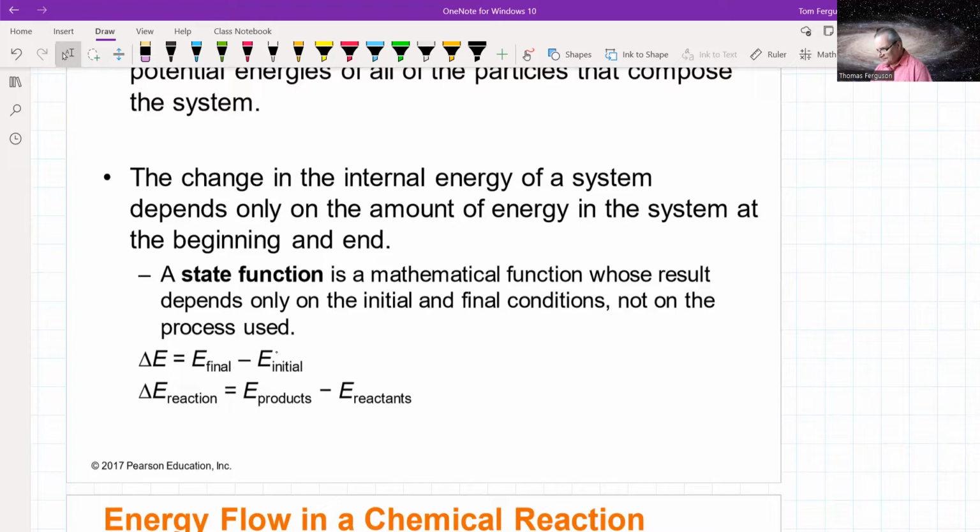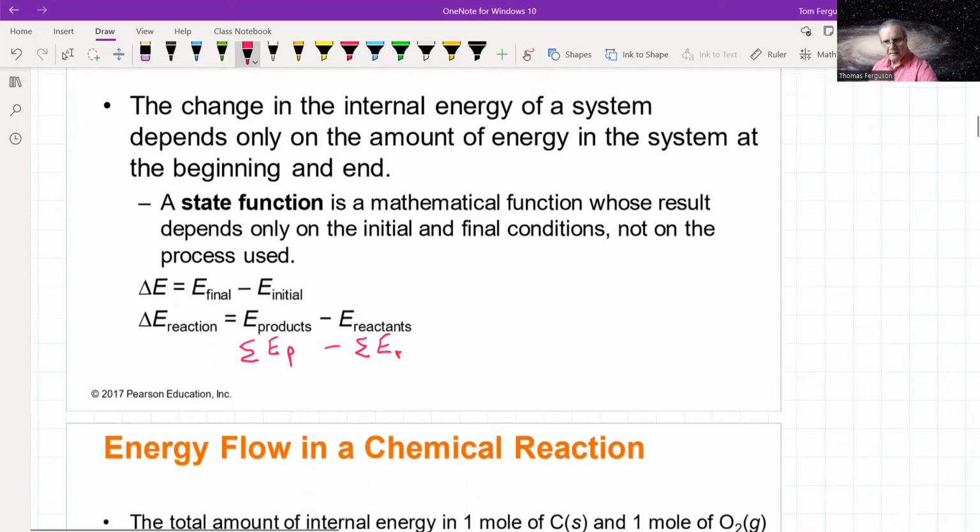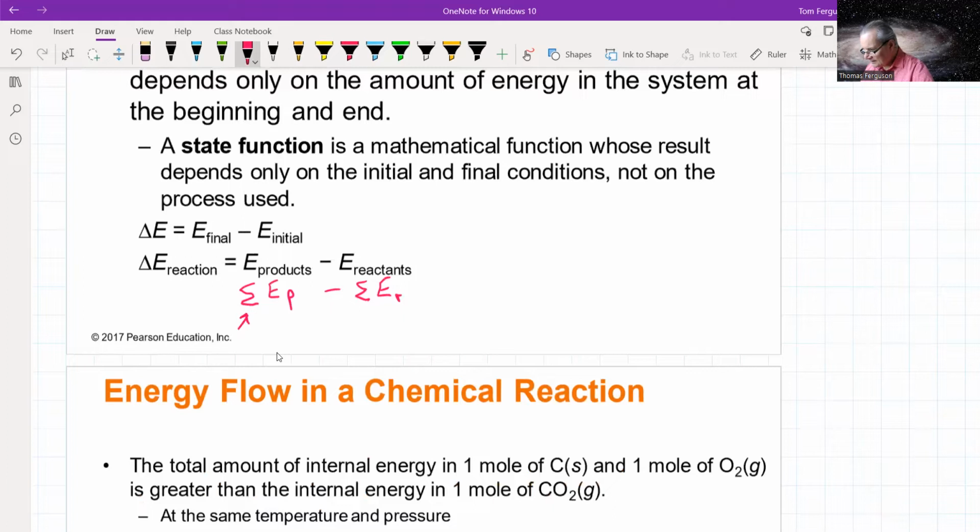So basically in a reaction, we've got products and reactants. The net energy of that reaction is the sum of all the products minus the sum of all the reactants. And this is important, as chemical reactions usually involve more than one product and more than one reactant.